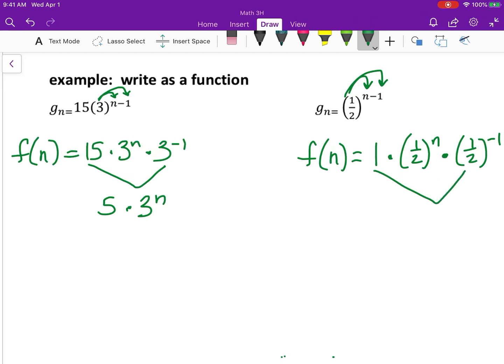Again, take these two, multiply them out, and that ends up giving you really 1 times 2, which is 2. Multiply that by then the 1/2 to the n, and now you have your formula. So that's how you rewrite a function.